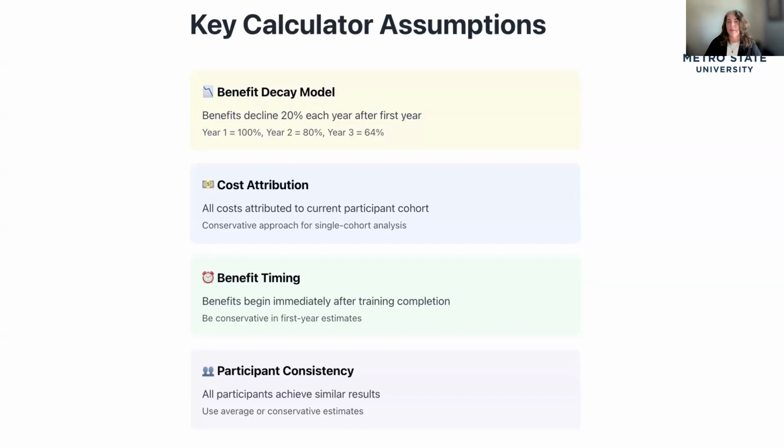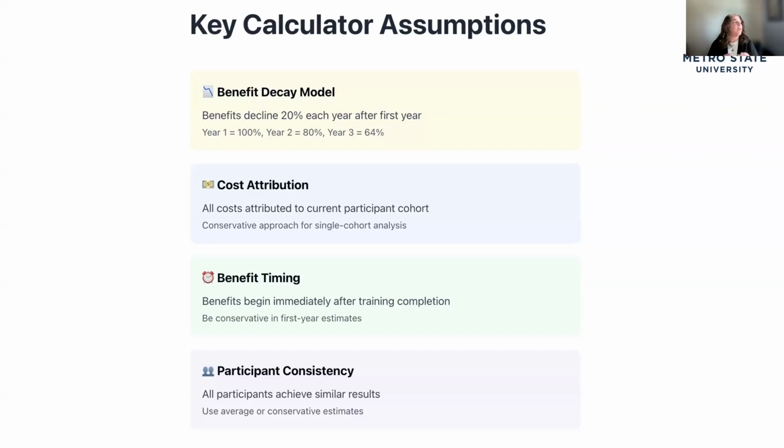In other words, the amount of benefit the organization gets in year one is probably different than in year two and in year three, et cetera. And so we built in a decay model here, as you can see. There's also something about attributing cost to the current cohort. I'm going to skip that one. It's easier to show that in the calculation later.